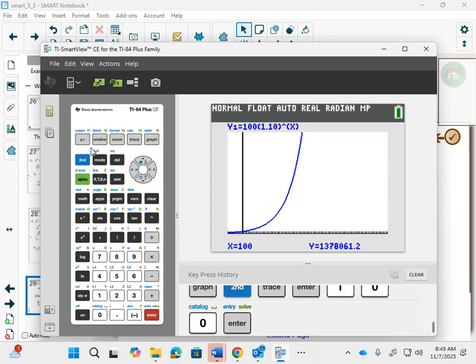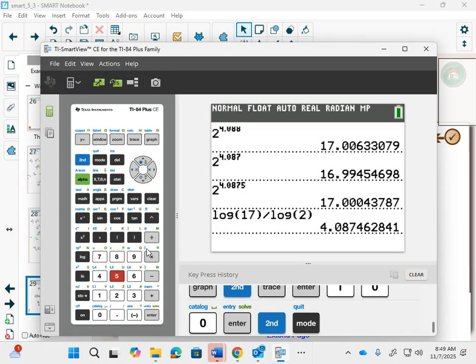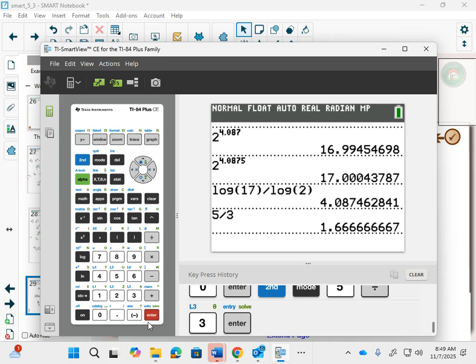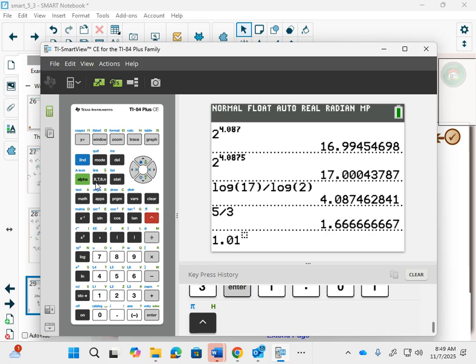Right, on my calculator, 5 divided by 3 is 1.67, and then I could do 1.01 to the exponent of 4 times. How many years do you think it's going to take? Take a guess. 12 years.